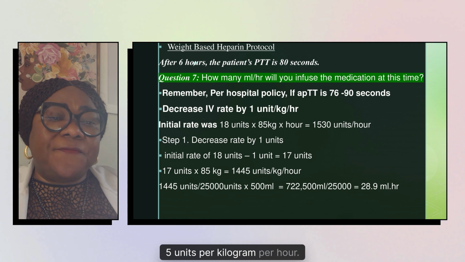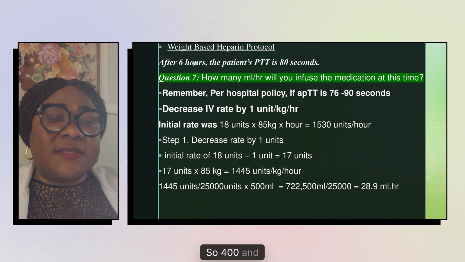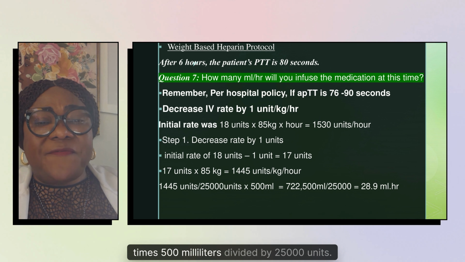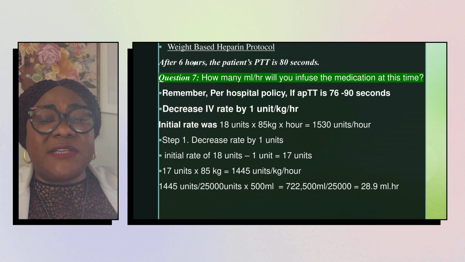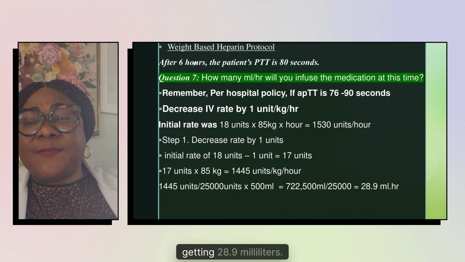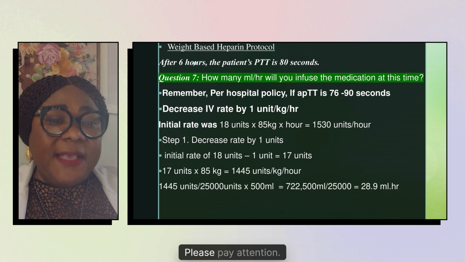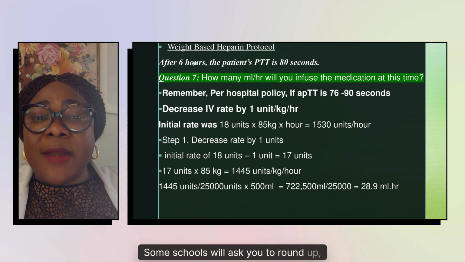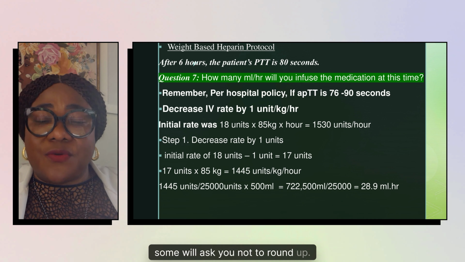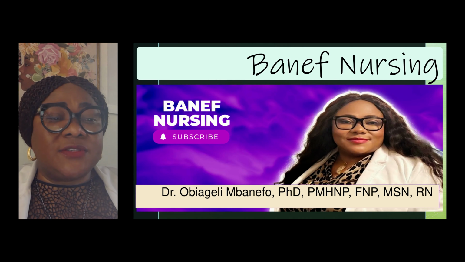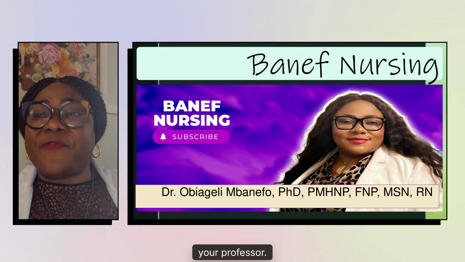So 1,445 units times 500 ml divided by 25,000 units, still using dimensional analysis, we will end up getting 28.9 ml. Please pay attention. Some schools will ask you to round up, some will ask you not to round up. So pay attention and follow the instructions from your professor.